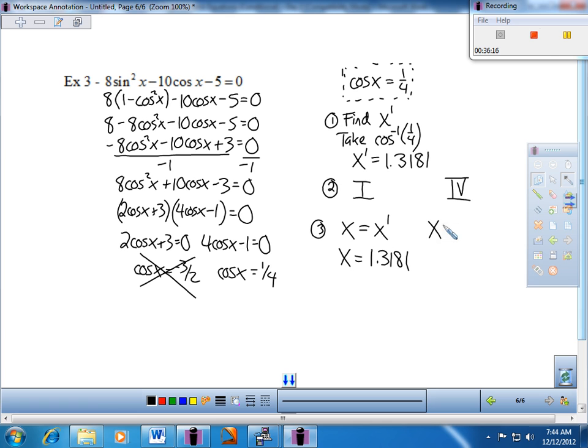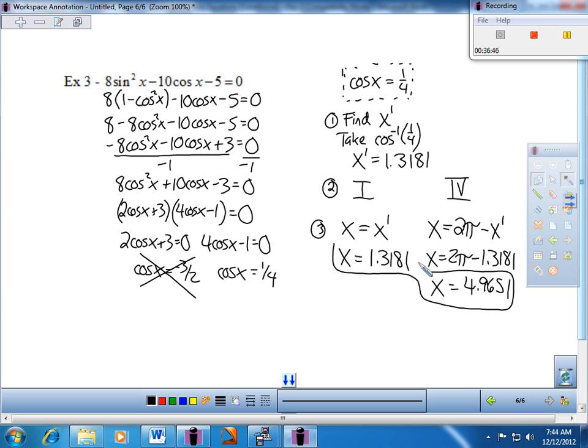The way to get that one is to use what we got from the calculator and take it away from 2 pi. That was our quadrant rule for quadrant 4, so let's do 2 pi minus that answer. I get about 4.9651.